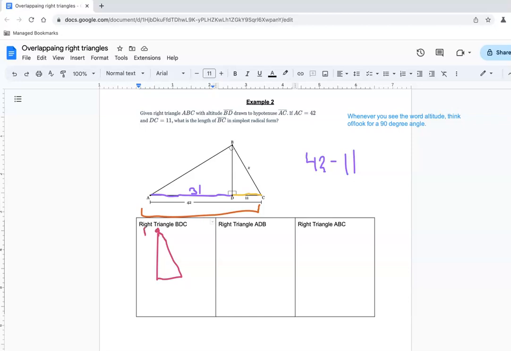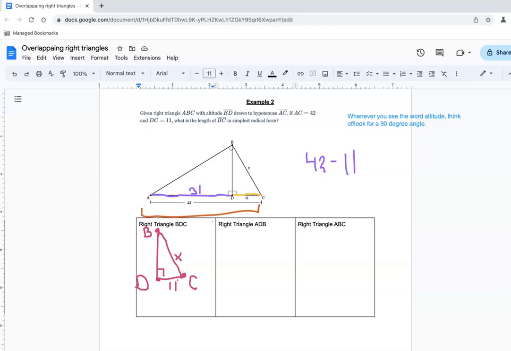This point right here is B. This point right here is D. And this point right here is C. All right, so now we know where the 90-degree angle is. We also know that this is 11, and we also know that this is X.